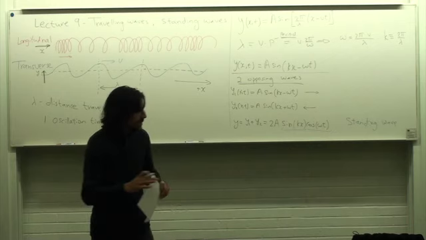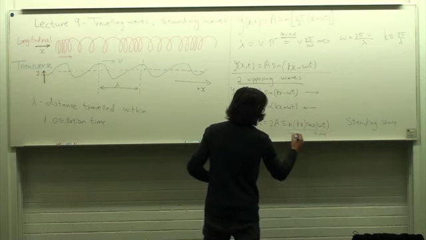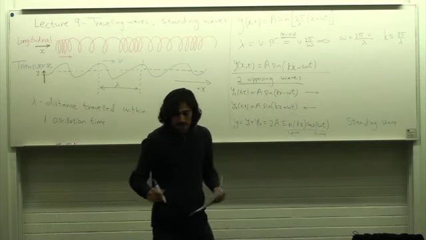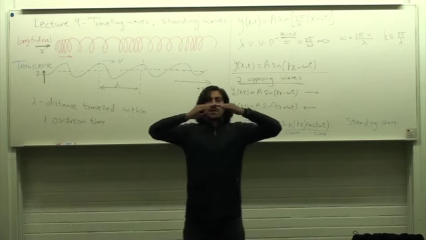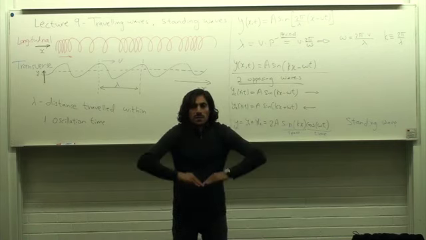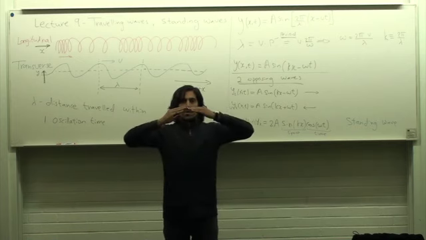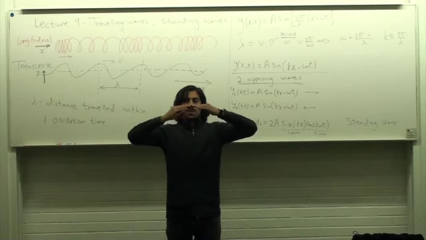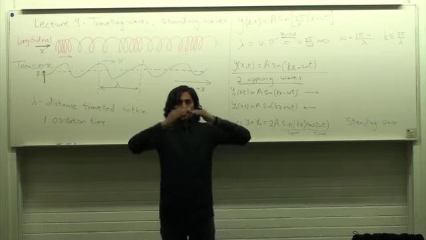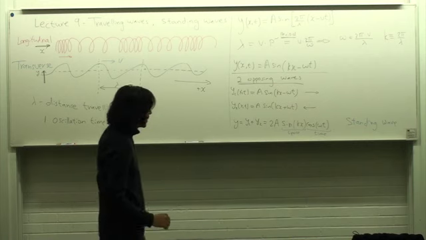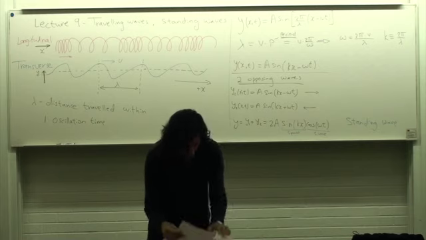Okay, so this is time, and this is space. But it's standing, so if you have the peak here, it is moving like that, but the disturbance is no longer moving in the x direction. The peak remains here, and it's moving up and down. That's what we get. All right. So this is a standing wave.